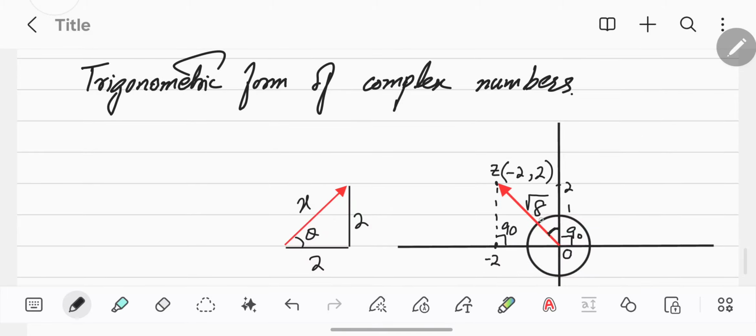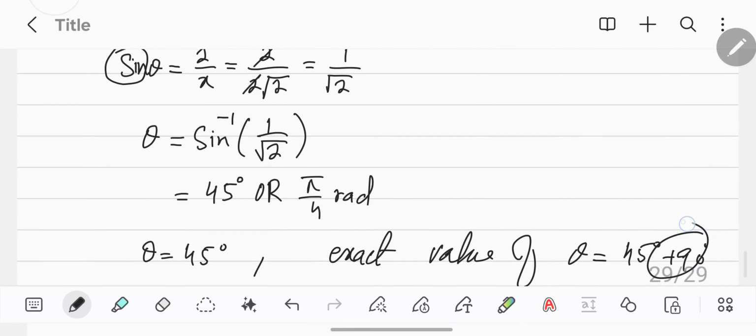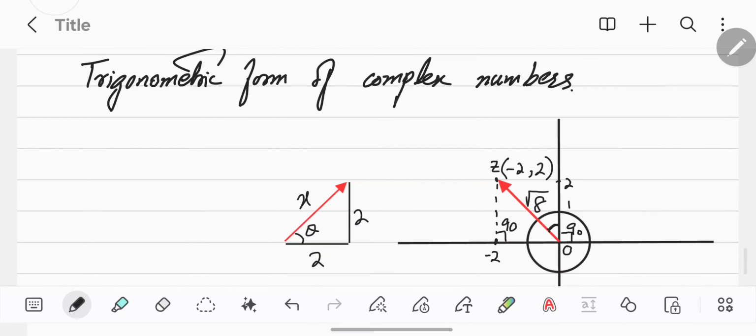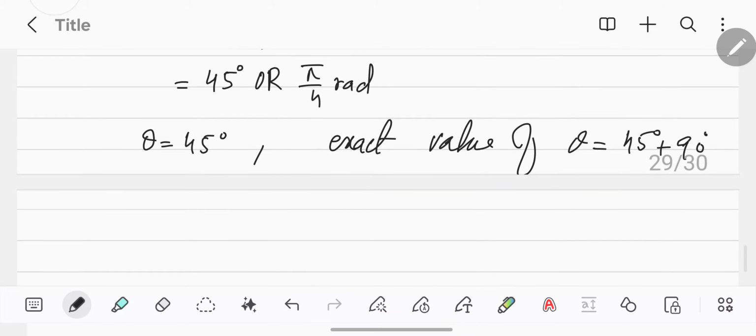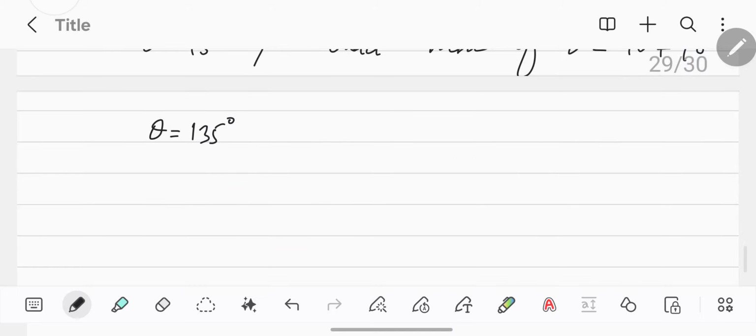So if my triangle was in the first quadrant, then there is no need to add this 90 degrees. But since it is in the second quadrant and my original angle is 90 degree plus this angle, so that's why I have added 90 degrees in the final answer. Okay, so my angle theta will be 135 degrees.